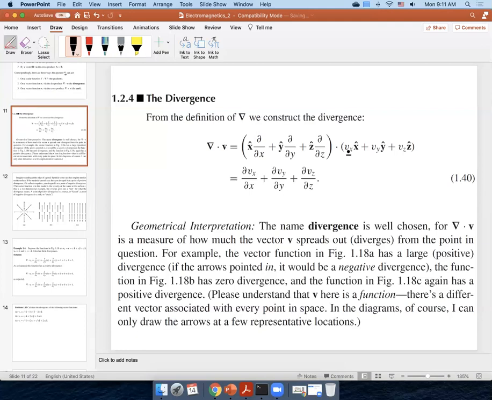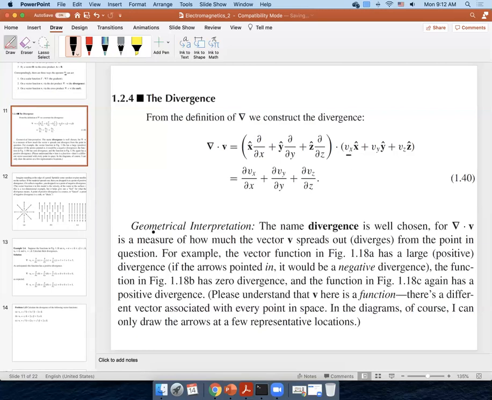It's not a function of x only. Instead, it's a function of x, y, z. Here, Vx simply means the x component of this three-dimensional vector function. It doesn't mean Vx is a function of x only. Still, it's a function of x, y, z.